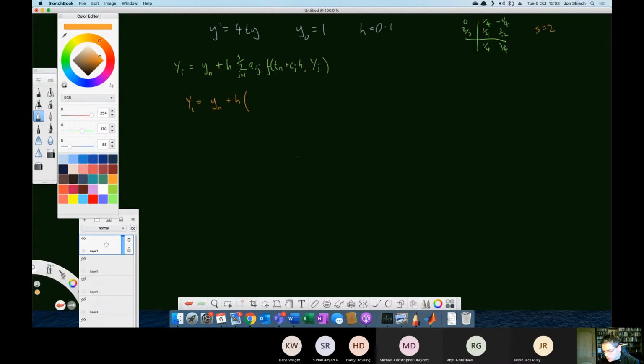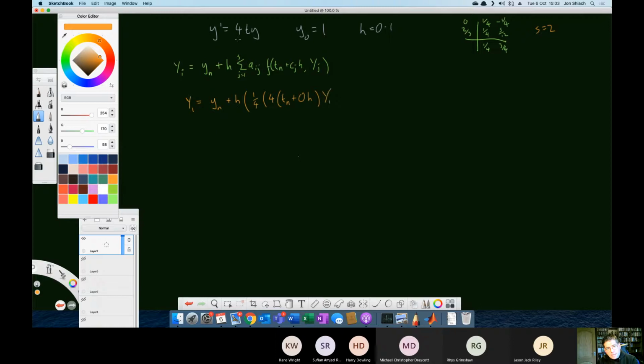Our a11 is 1/4, multiplied by our function, 4ty, so 4 times, instead of t, t_n plus c1 h. Now c1 is 0 in this case, so that's plus 0h. Ordinarily we just write t_n, but I've left the 0 to show you where that comes from. And then that's multiplied by Y1.